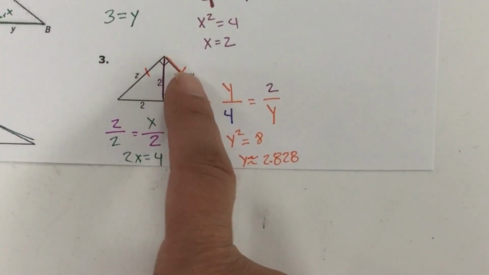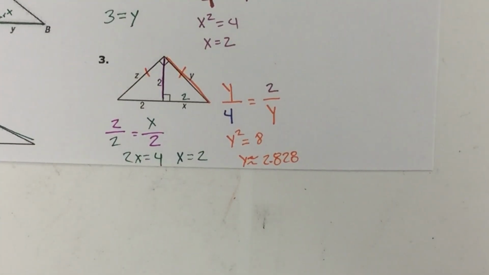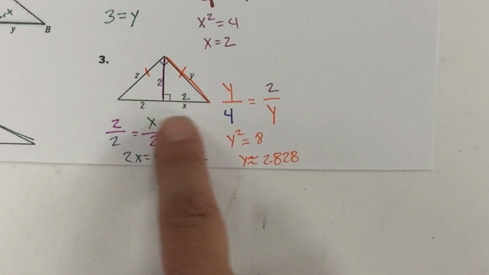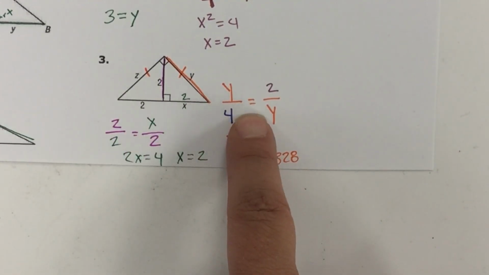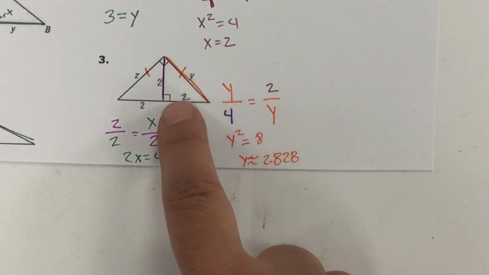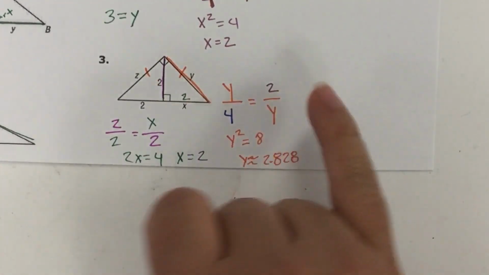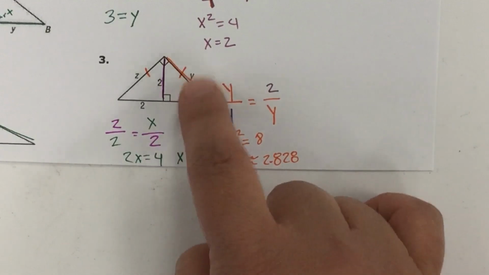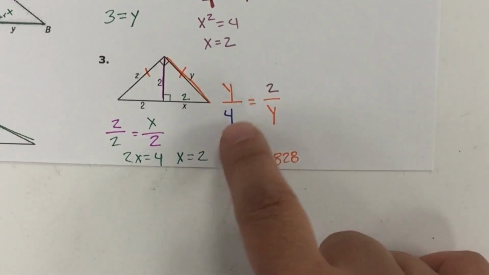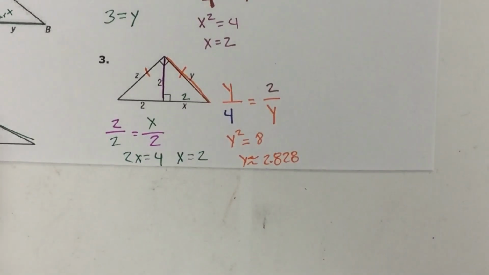So this is a leg, so I'm going to use the right triangle leg theorem, which says leg over the whole hypotenuse, so that's going to be 2 plus 2, which gives us 4, is equal to the part that's adjacent, which is 2, the part of the hypotenuse adjacent to my leg, over the leg. Cross multiply, which is where the y squared comes from, and 4 times 2 is 8. Take the square root, and you have your answer.